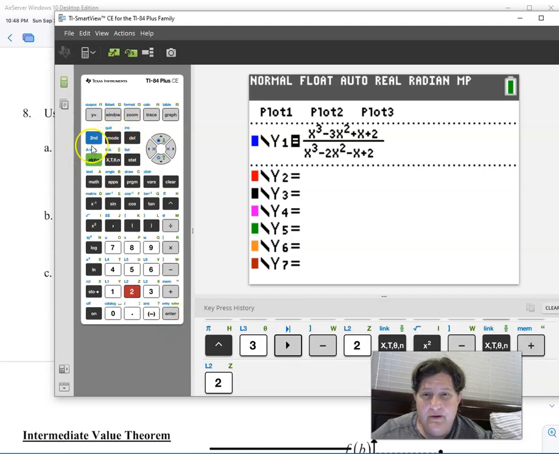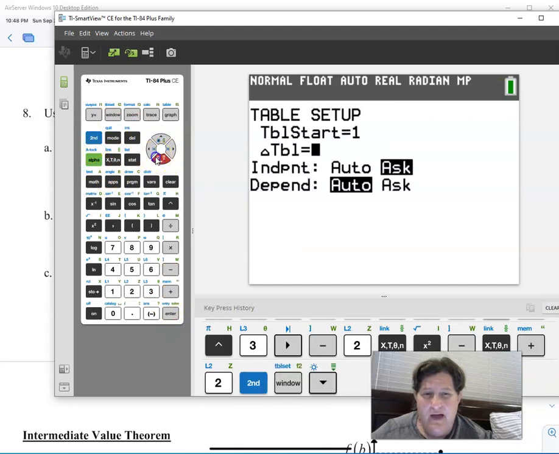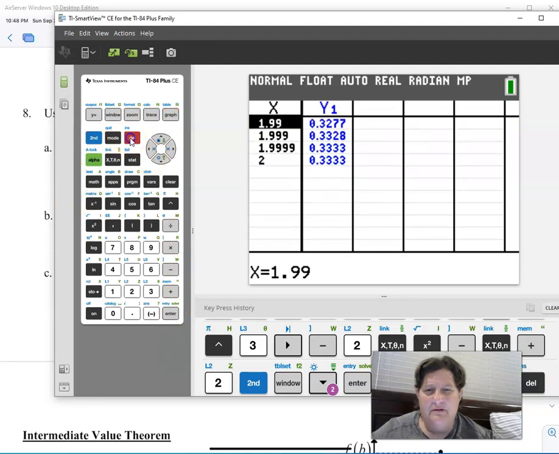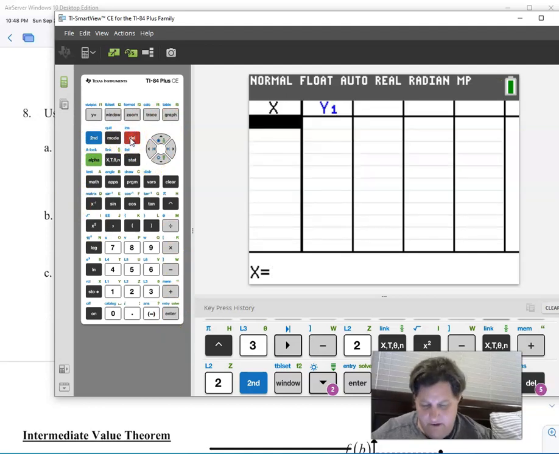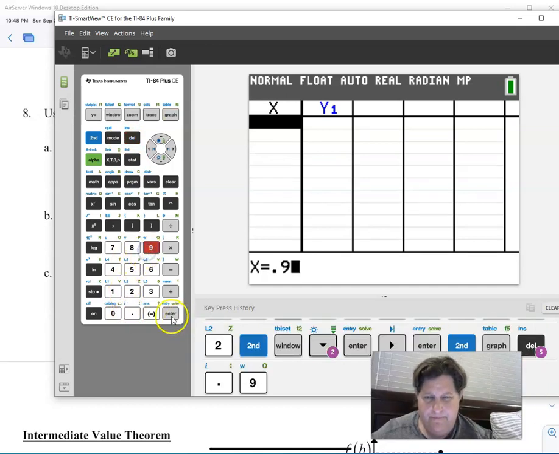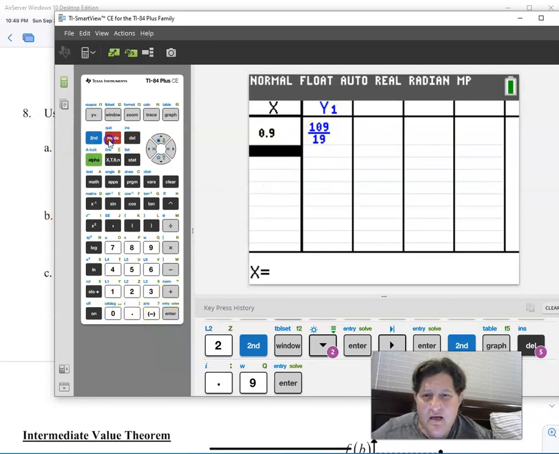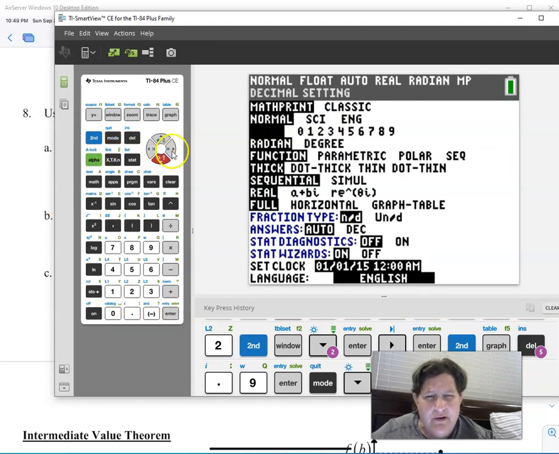Okay, and I'm going into my table set. Auto is just going to do 1, 2, 3, 4, so that's not what I want. I do want to go to ask auto. Let me delete all these. Okay, let's go on my table. I'm going to type these in; you guys can write them down. 0.9. I really would prefer that in decimal form, and that's really annoying.